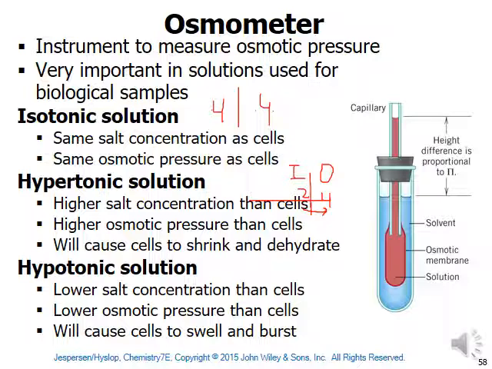Now a solution that's hypo, which means under, hypo means less. So if the outside is lower than the inside, water is going to go in and cause the cells to expand and possibly even burst.